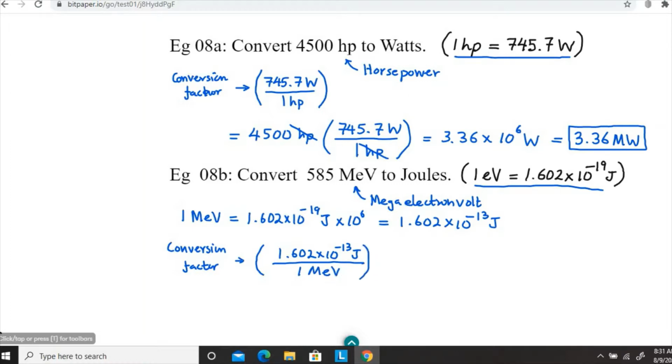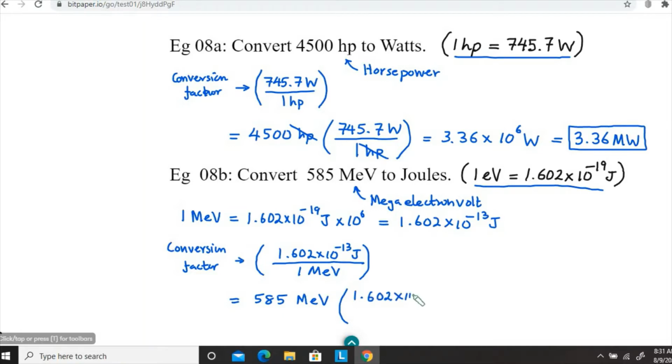So that's my conversion factor. Now I'm ready to convert this 585 mega electron volts. So I have 585 mega electron volts. I'm going to multiply that value by the conversion factor that I got over here.